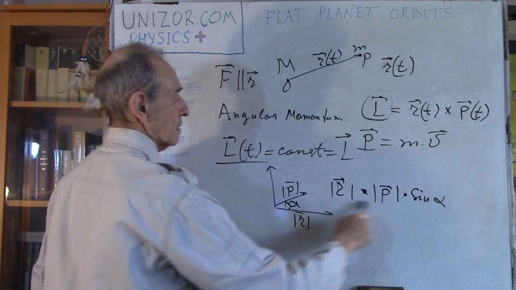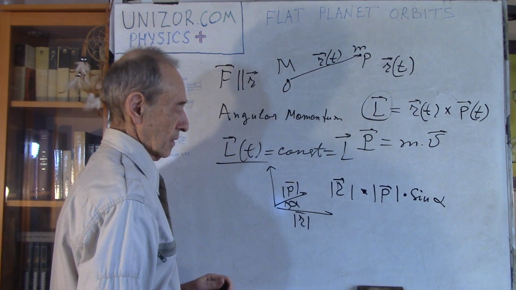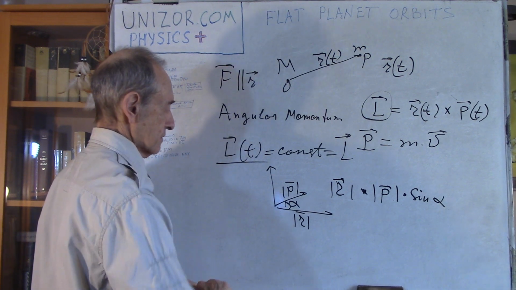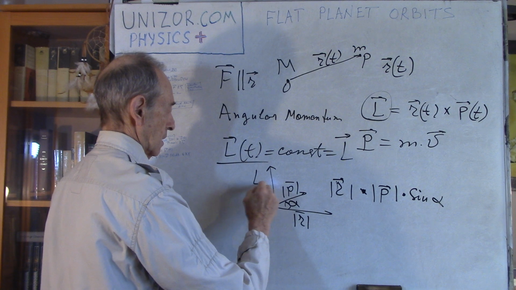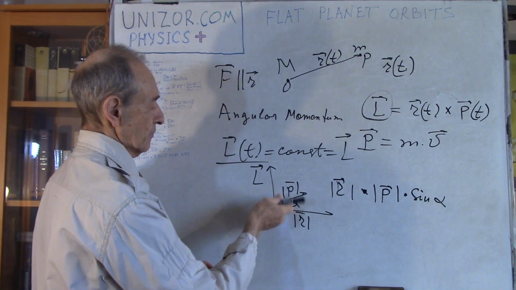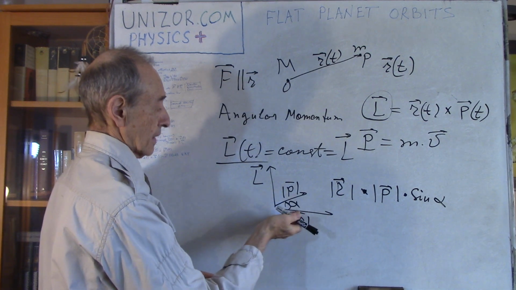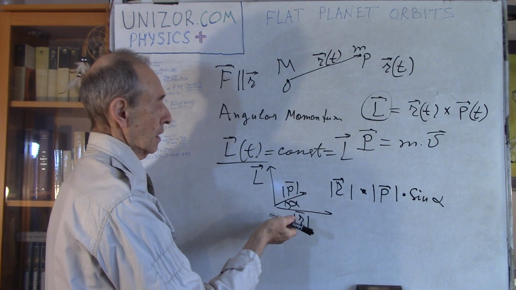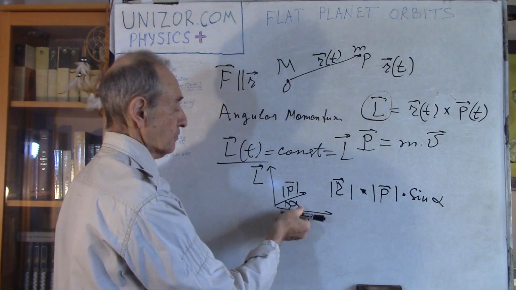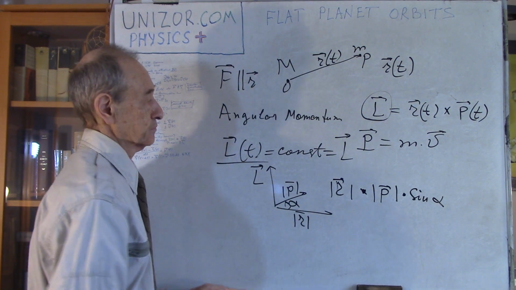So that's the magnitude of this vector L, and the direction, as I said, is perpendicular to the two vectors p and r, or if you wish, perpendicular to the whole plane which is defined by these two.